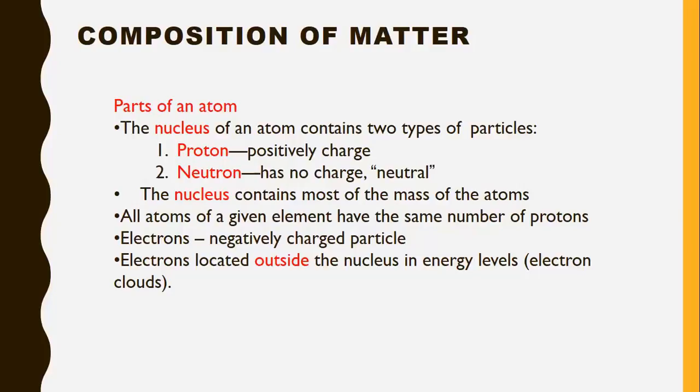Just a fun fact, all atoms of a given element have the same number of protons. And then our last subatomic particle is electrons, and they're negatively charged particles. The electrons are on the outside of the nucleus, in these things called energy levels or electron clouds.